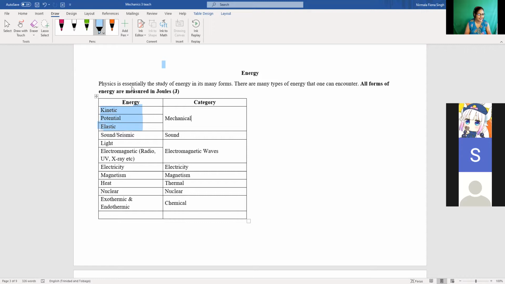Mechanical energy is the energy that is used in moving an object. Anytime an object, body, or system has to move, it has mechanical energy. It's utilizing some form of mechanical energy.